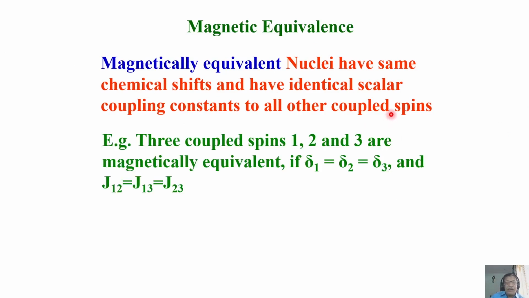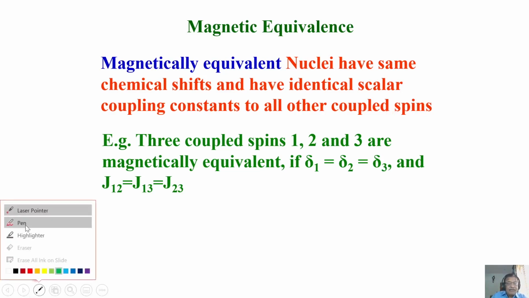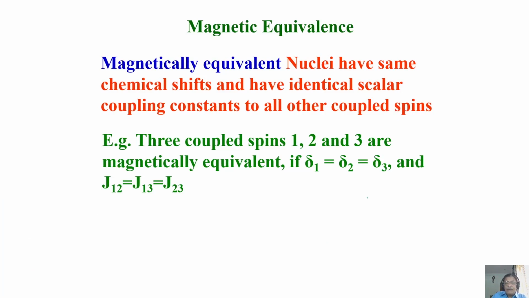That is magnetic equivalence. Say, for example, I have three spins, 1, 2, and 3. Let us assume the chemical shift is the same, so they are chemically equivalent.